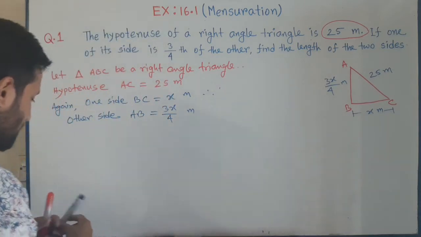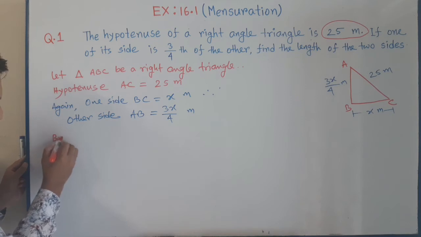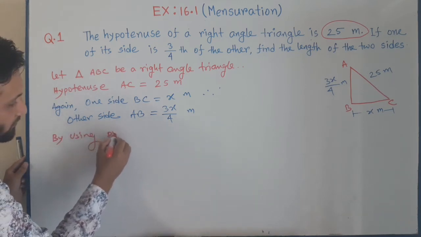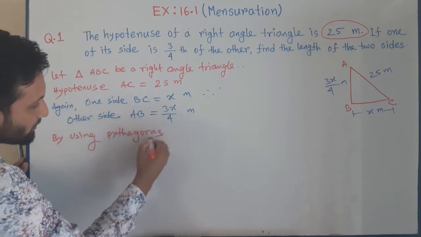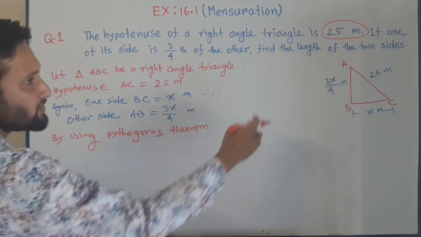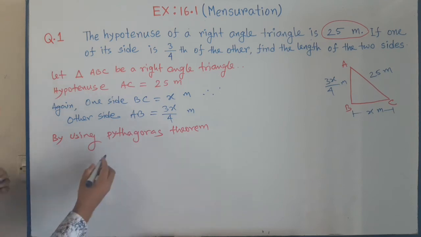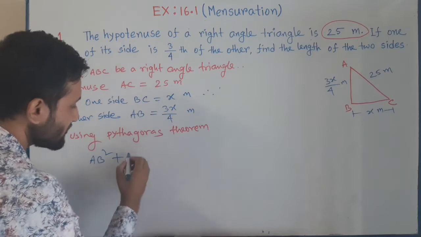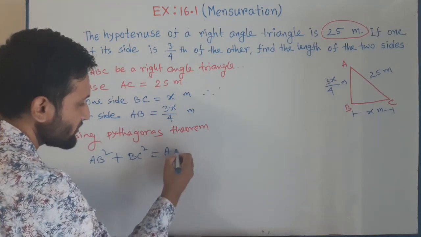Now we can write by using the Pythagoras theorem, AB square plus another side square, that means BC square, equals the hypotenuse square, that means AC square.